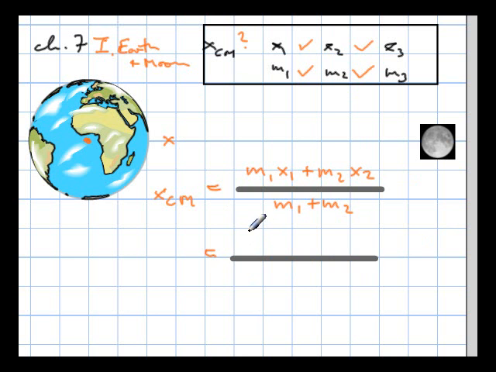Mass of the Moon, which is given as 7.35 times 10 to the 22 kilograms, times the distance from the Moon to the Earth, which is 3.85 times 10 to the 8th meters, and then the combined mass, 5.98 times 10 to the 24, or 598 times 10 to the 22nd, plus the 7.35.